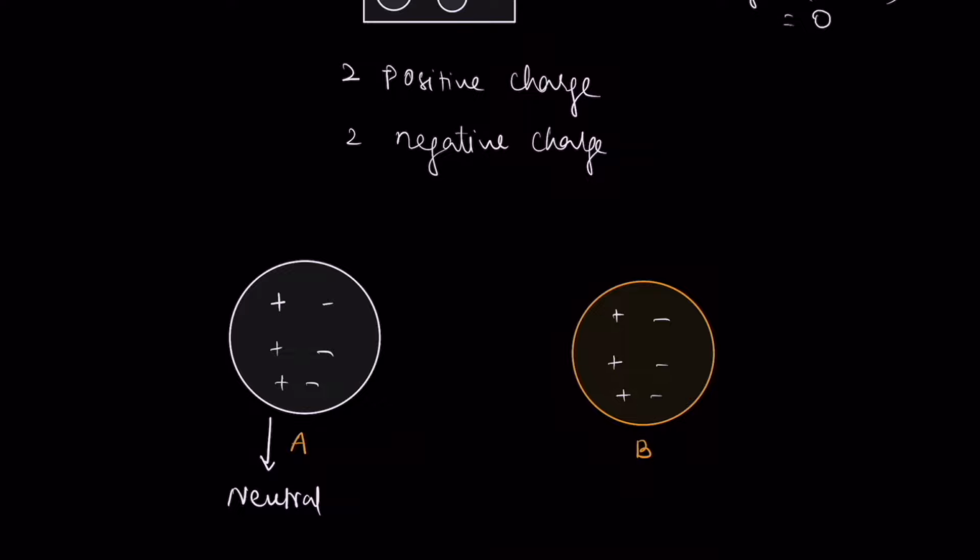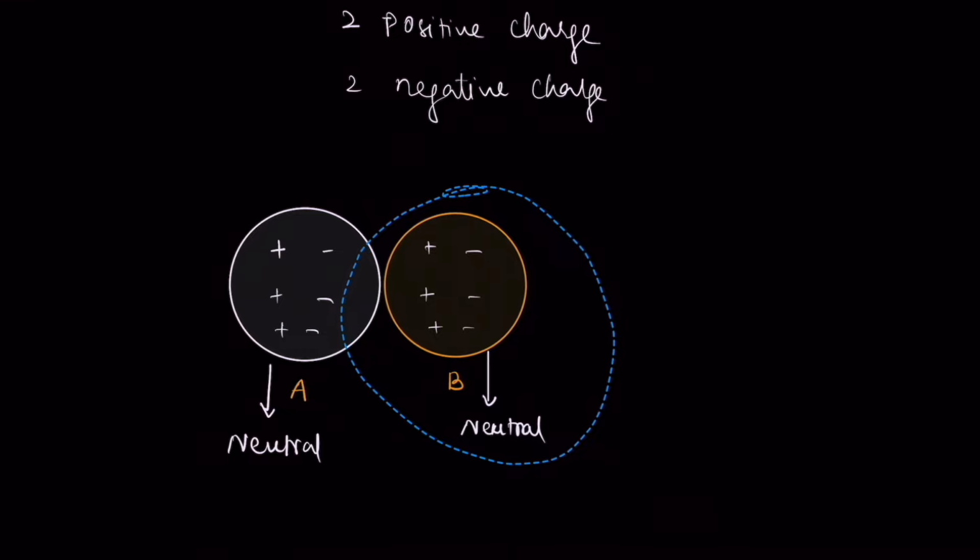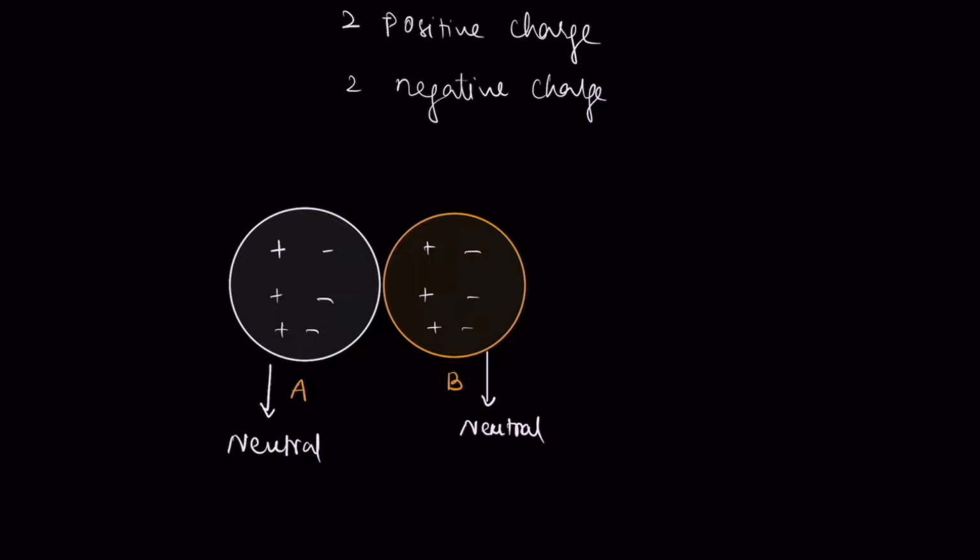Because the number of electrons and protons are the same. Now if we start rubbing these two bodies with each other, like body B comes near A and here we rub it, what will happen? A few of the electrons will move from B to A or A to B. From anywhere, electrons will move. Always remember, only electrons have the property to move from one place to another. Protons will remain stationary.